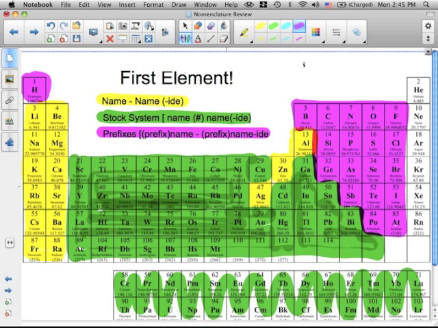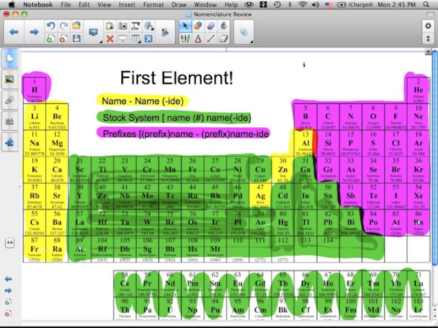I've omitted the halogens because they don't react, they don't form very many compounds. When they do, you would name them with a prefix system. All right, so there you go. Look at the first element in your compound, and this will tell you the appropriate way to name it.